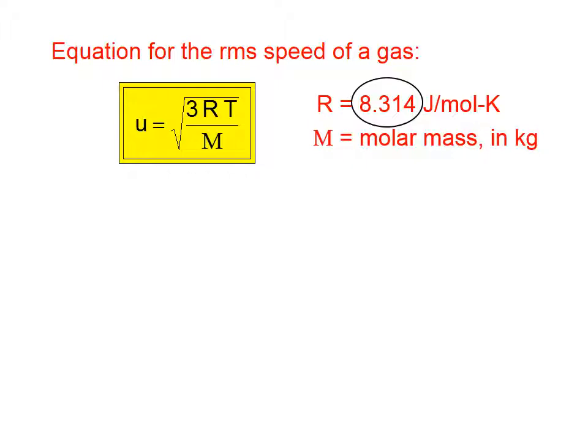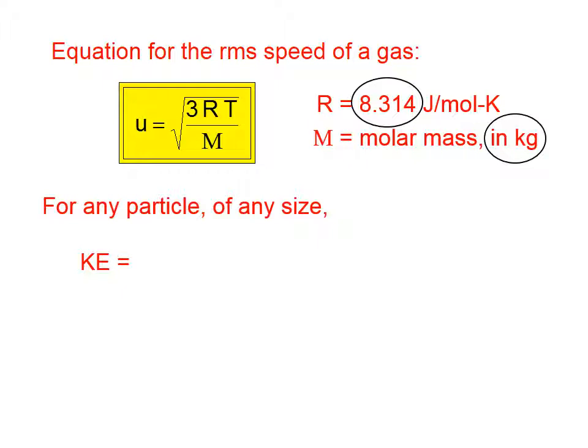It has other values that are used often in other gas law applications, but for this equation it must be this one. Furthermore, the molar mass that is used in this equation must be in kilograms, and I point that out because often in chemistry we simply calculate grams from the periodic table, but when you're using this equation you have to be very careful to use 8.314 for R, and you also have to find the molar mass in kilograms.